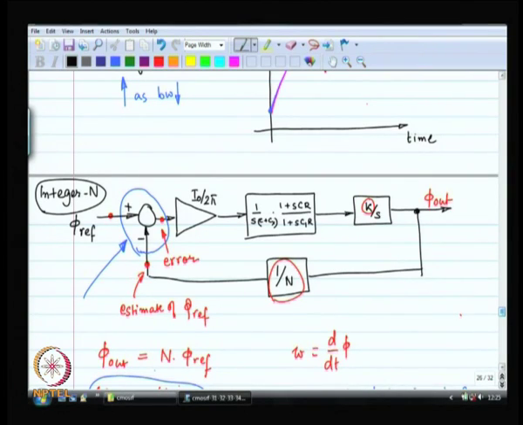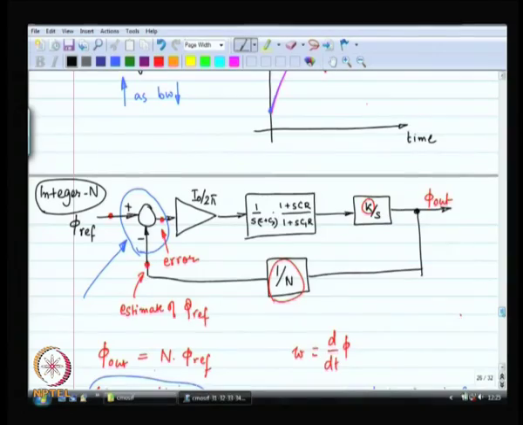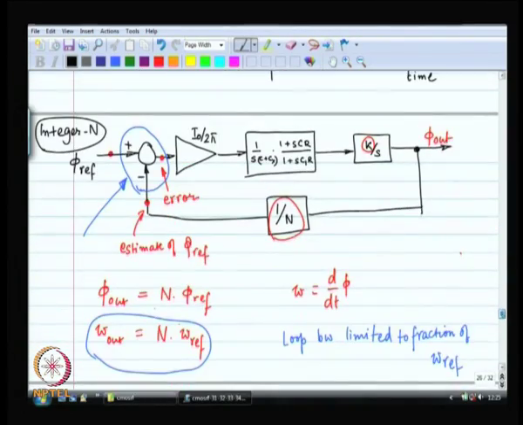So, the small modification is a clock divider, which is readily available using digital circuits. That is the modification that we are going to make, and we are going to label this as an integer n frequency synthesizer.